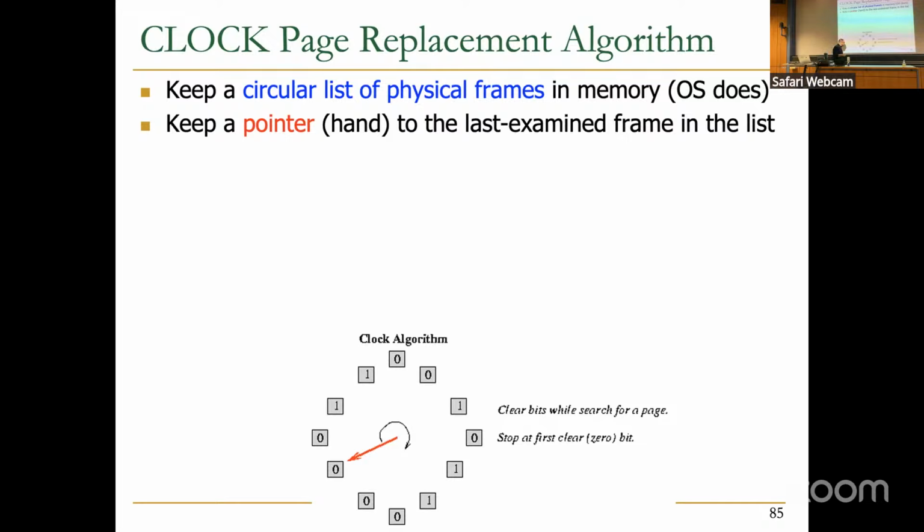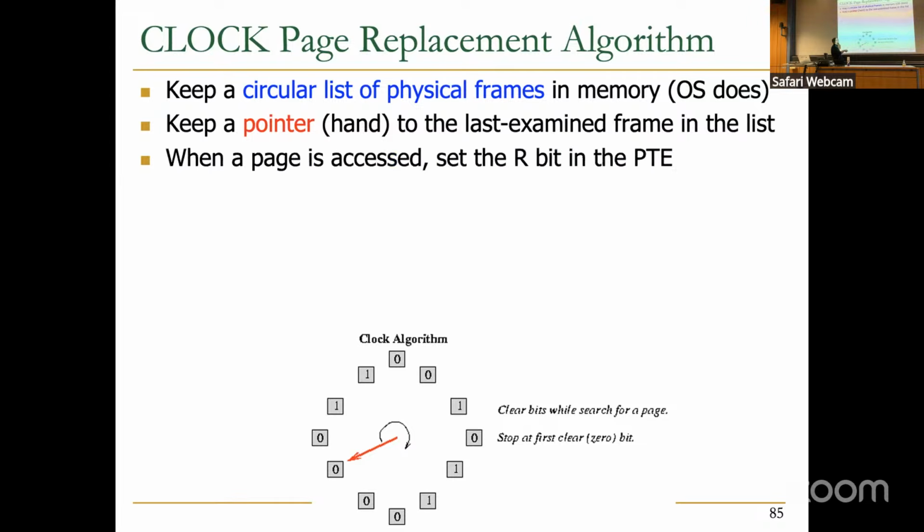For example, if I accessed for the last time this specific page, then I will keep the pointer here. When a page is accessed, set the R bit in the PTE. What is the R bit in the PTE? It's the reference bit, which means the bit that tells me this page has been accessed by the program. So the operating system should know this, so that this page is hot.